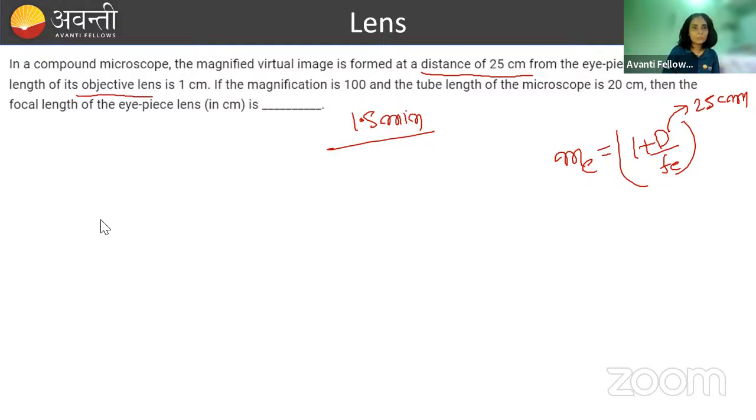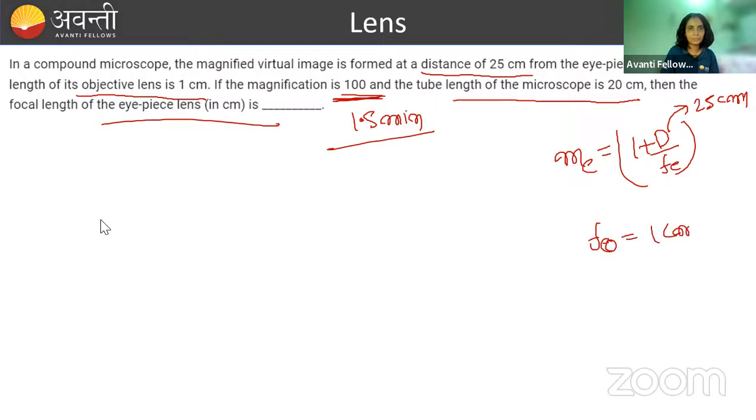The focal length of its objective lens is 1 centimeter. If magnification is 100 and the tube length of the microscope is 20, then the focal length of the eyepiece is? Now, just see what information is given here. F naught is given, that is 1 centimeter. Total magnification is given, that is 100.